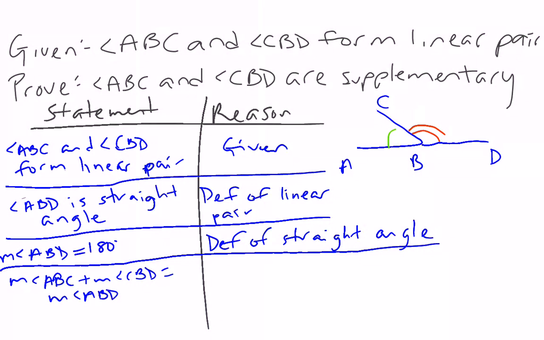So just that the two parts make the whole. And that's called the angle addition postulate. We've done that a lot in actual problems. We're just using it now in my proof.